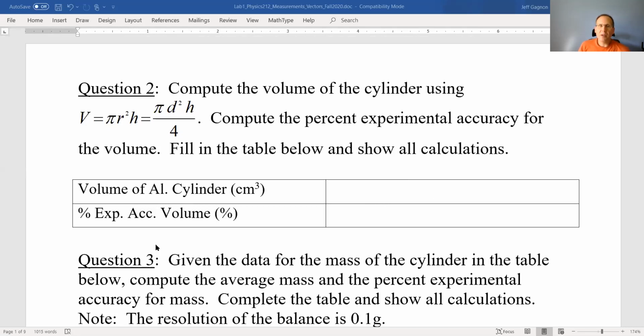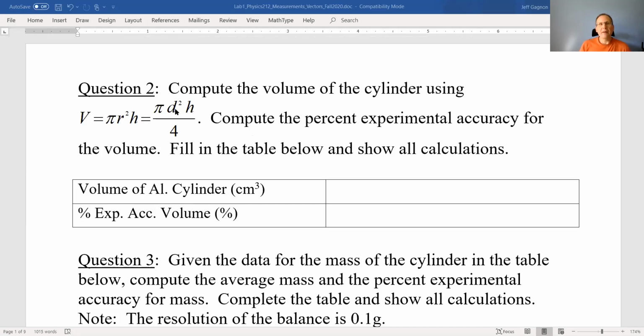Then I want you to compute the percent experimental accuracy for volume. Well, remember, if I want to compute the percent experimental accuracy for a dependent variable, if it involves multiplying or dividing variables together, I always have to add the respective percent experimental accuracies. So forget about the pi and the 4. They're exact values, right? They're not variables, so you don't have to worry about those.